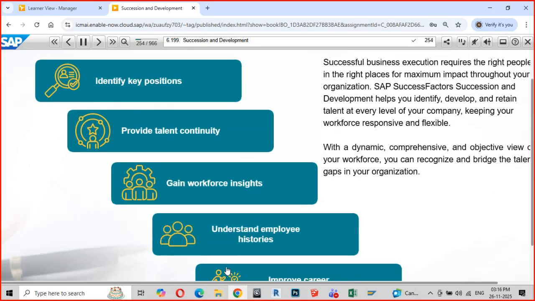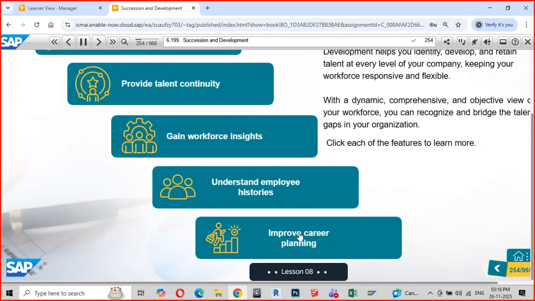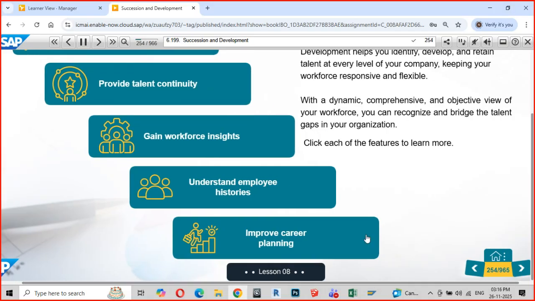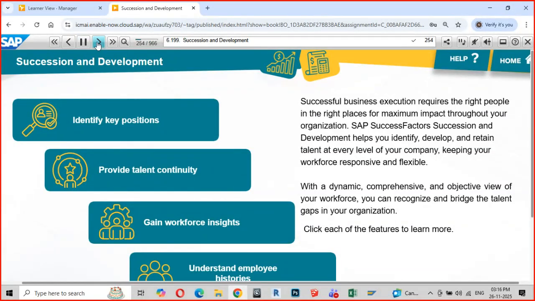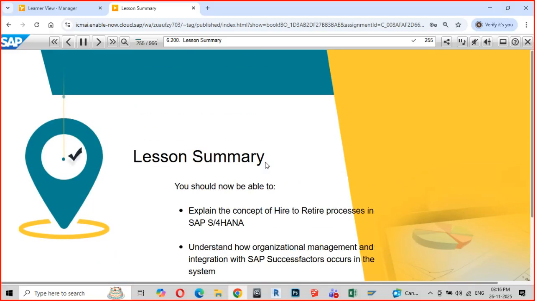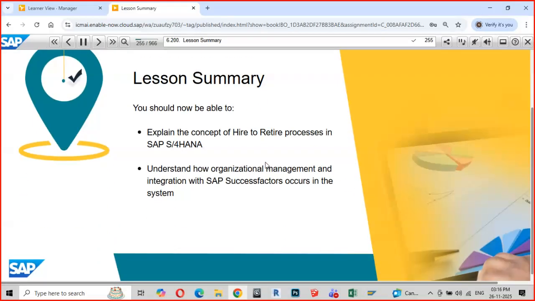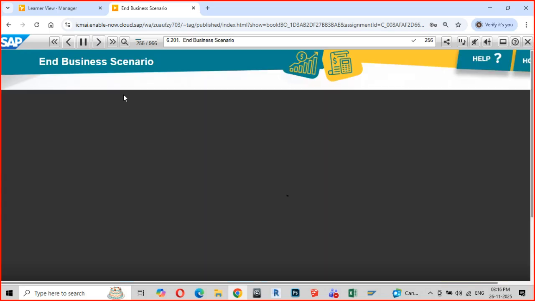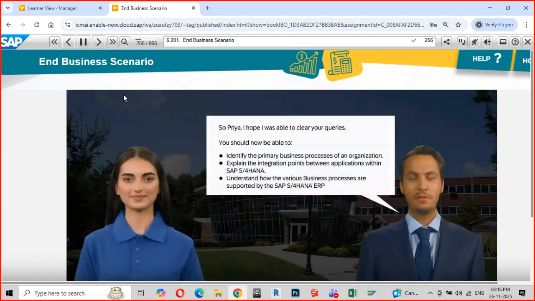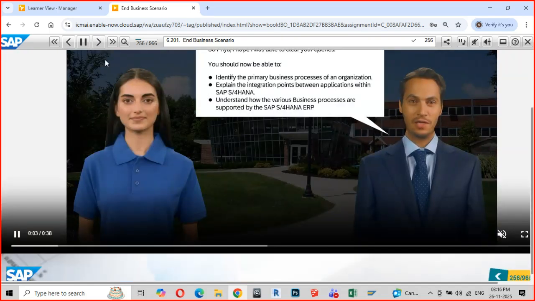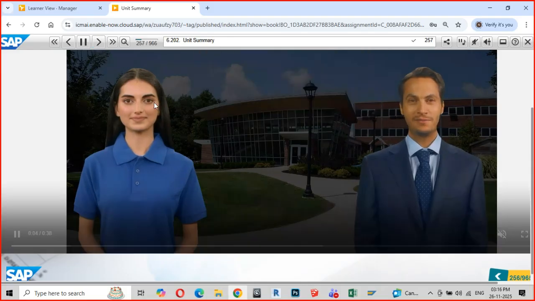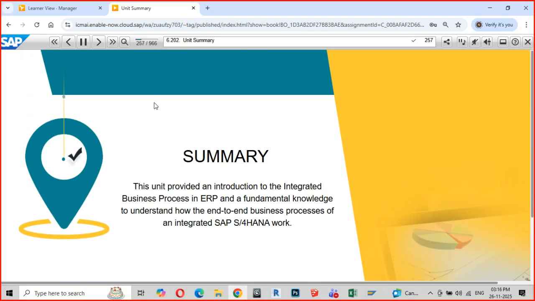So I think you can click on each of the items here and read them. So we have the lesson summary coming up. The whole life of an employee's existence in the organization is mapped, starting from his recruitment, his learning, his promotions, his payroll.